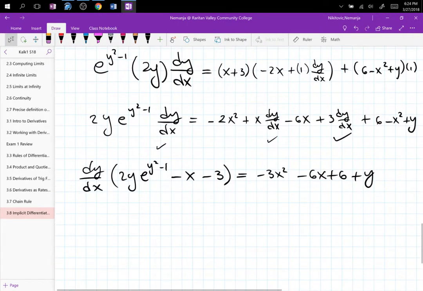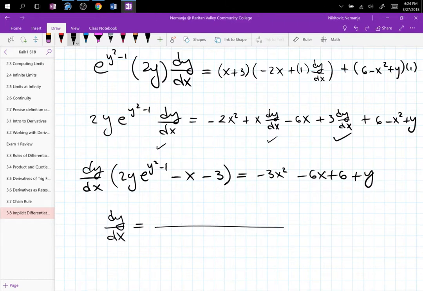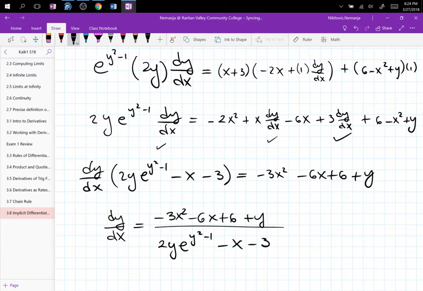And all I need to do is to divide by the parenthesis to get dy dx alone. So in the numerator 3x squared minus 6x plus 6 plus y, and in the denominator 2y e to the y squared minus 1 minus x minus 3.